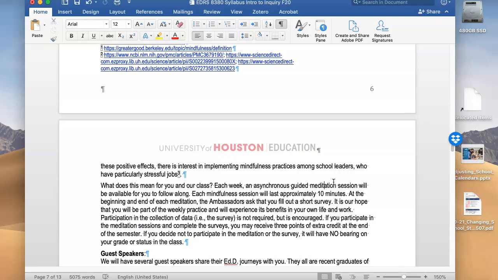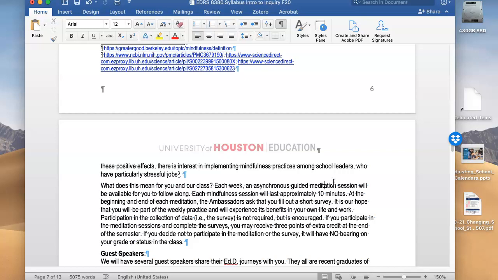This is part of a research project, so the surveys that they're collecting are part of the research. You will therefore be sent a consent form to consent to participate. To be clear, you do not have to participate in any of this. You can participate in the meditation without participating in the data collection.